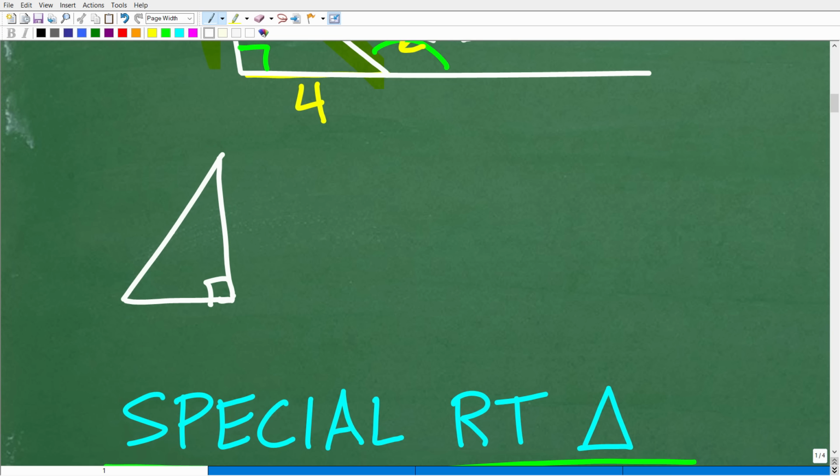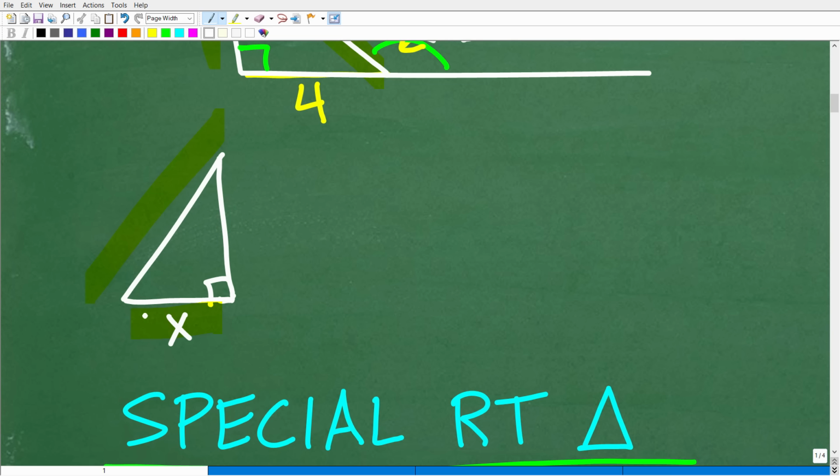So right here, what would be the shortest side of this triangle? Hopefully you said this, and that would be correct. What is the longest side of this triangle? It's this side, so that's important, and here we have the middle side. So let's put x as our shortest side.